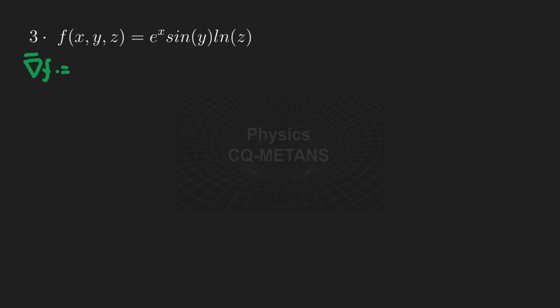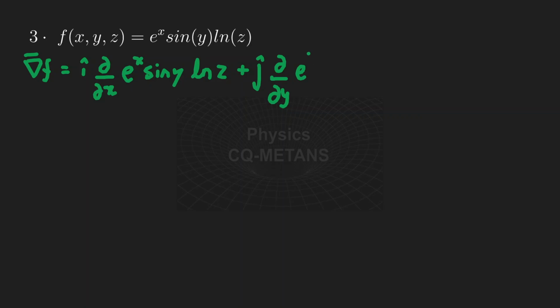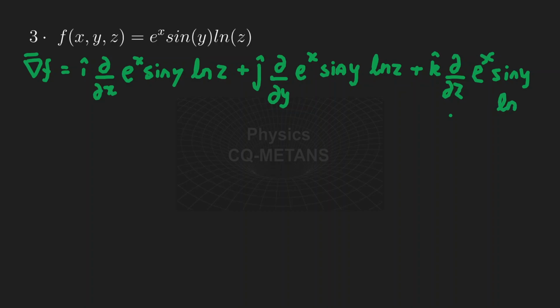So this is gradient of f of xyz, i cap del by del x of e raised to x sin y ln of z, plus j cap del by del y of e raised to x sin y ln of z, plus k cap del by del z of e raised to x sin y ln of z.